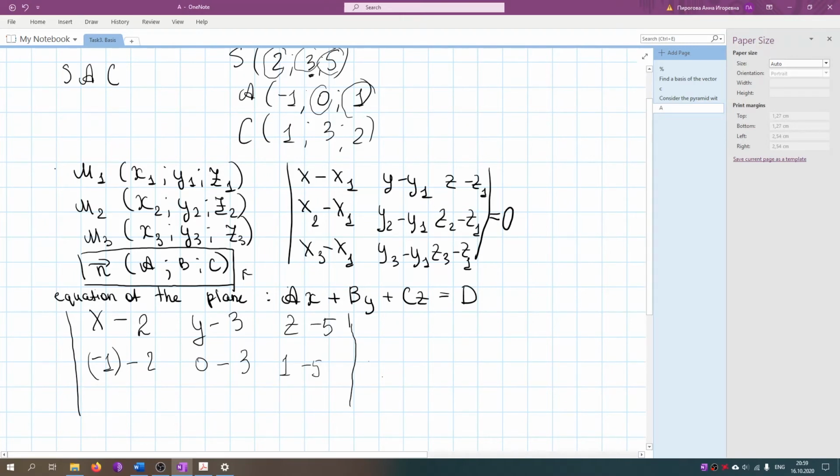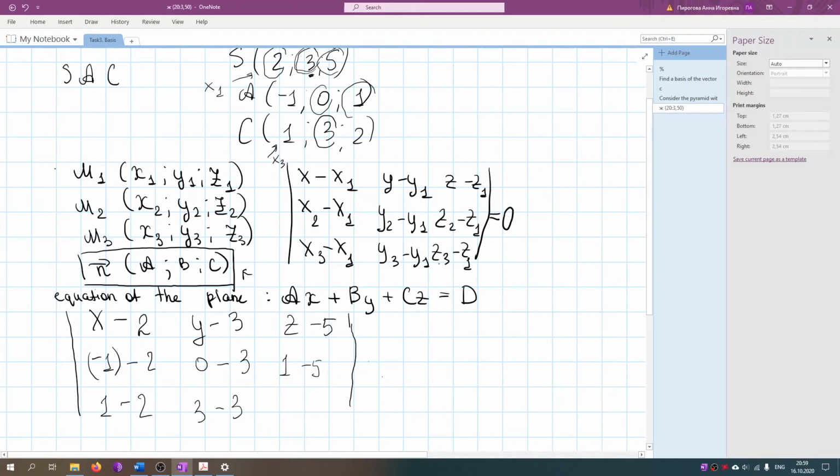And the last row, x3 minus x1, it will be 1 minus 2. Yes, because this is x3 and this is x1. y3 minus y1, it will be 3 minus 3, because here we have 3 and here again 3.